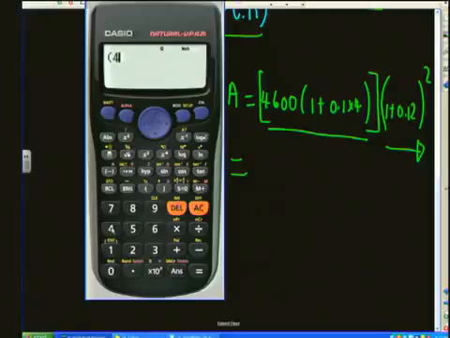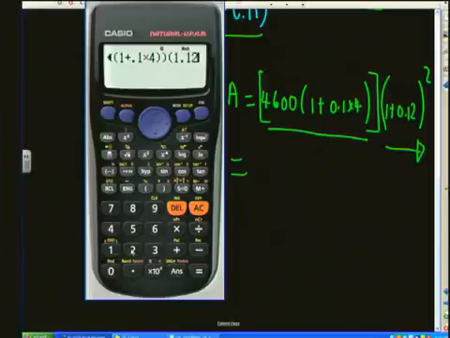We've got 4,600 Rand, simple interest, 1 plus 0.1 times 4, close brackets, and then close brackets again. That whole thing is going to be moved forward for 2 years at 12%, so it's 1.12.